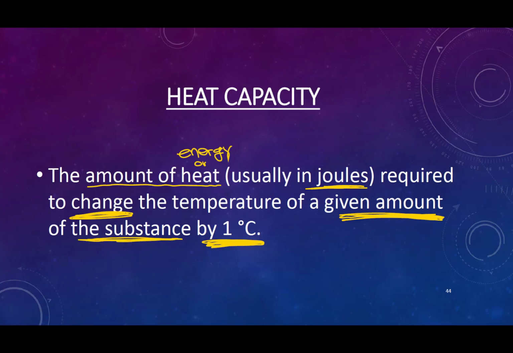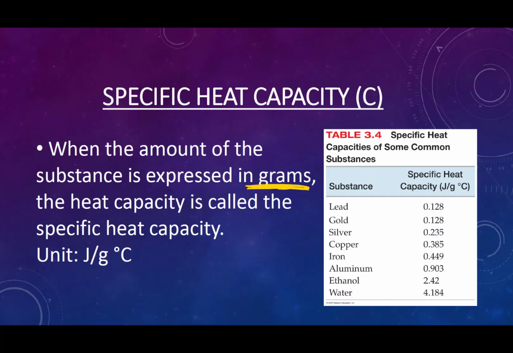But for specific heat capacity, we give a name to that specific amount, and that's in grams. That's the difference. The unit for specific heat capacity is joules per gram degree Celsius.